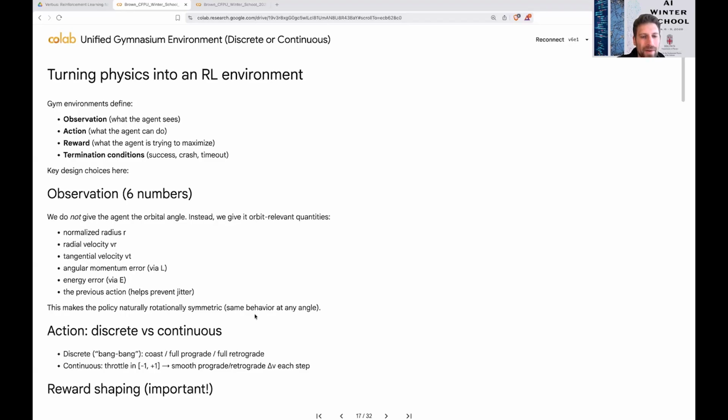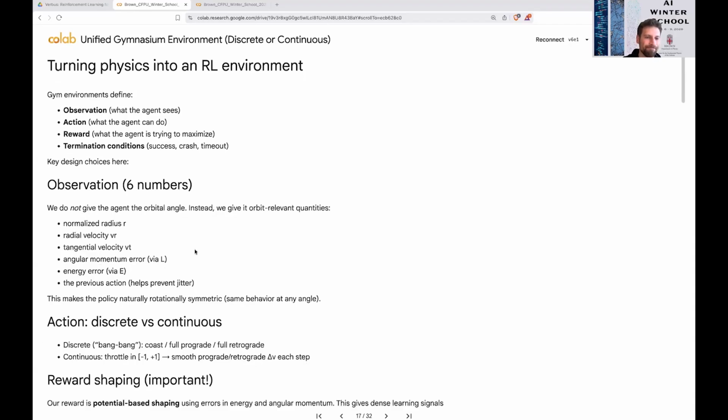So again, one of the key simplifications we did among many is that the problem is naturally rotationally symmetric, so our policy can be rotationally symmetric, and that simplifies it a lot. It doesn't care where you are from an angular perspective in the plane. It just needs to know these six things.